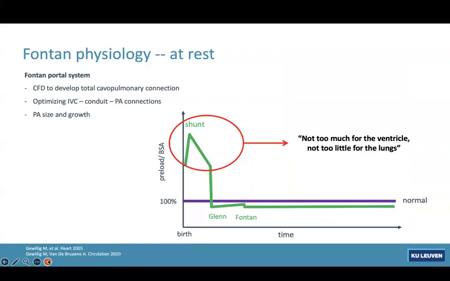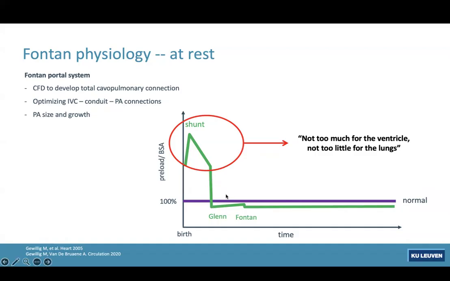So there's also this thing about creating the optimal Fontan. I'm not going into detail because it's the work of the congenital surgeons and also the pediatric cardiologist. But if you go from the pre-Fontan state, where you have a palliative shunt, to the Glenn and then the Fontan system, this is the time where you can actually make those pulmonary arteries still grow a little bit and create the optimum pulmonary vasculature that you want in a patient with a Fontan circulation, because you want the pulmonary vascular resistance to be as low as possible without damaging the ventricle when that ventricle sits in a Fontan circulation.